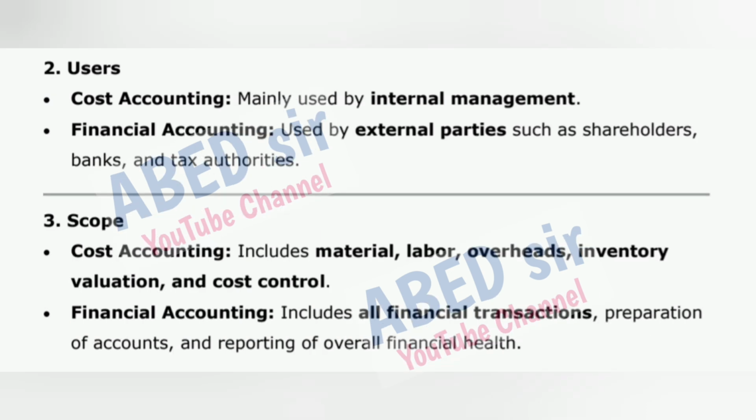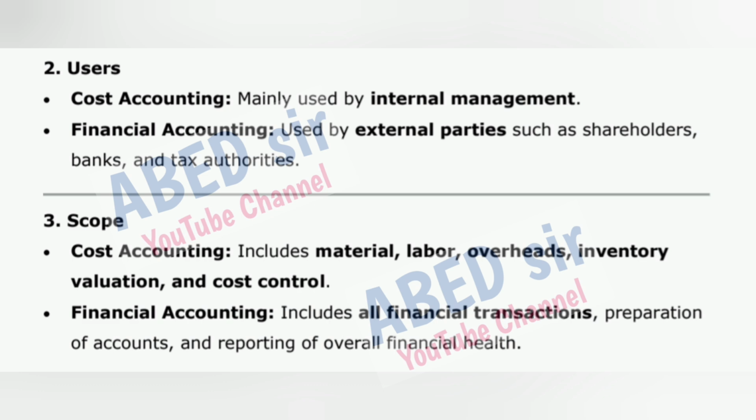2. Users. Cost accounting is mainly used by internal management. Financial accounting is used by external parties such as shareholders, banks, and tax authorities. 3. Scope. Cost accounting includes material, labor, overheads, inventory valuation, and cost control.